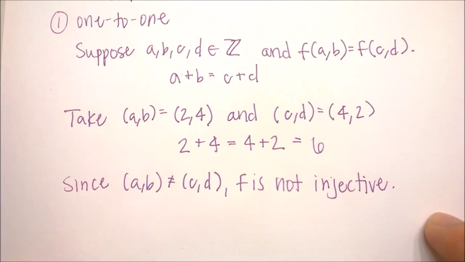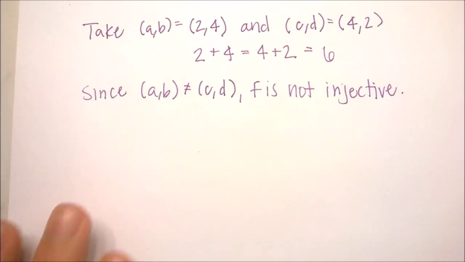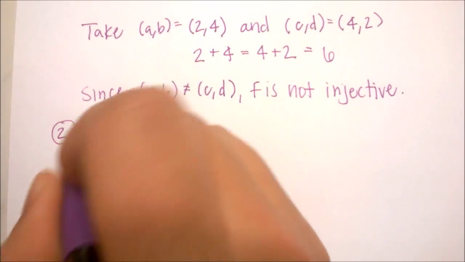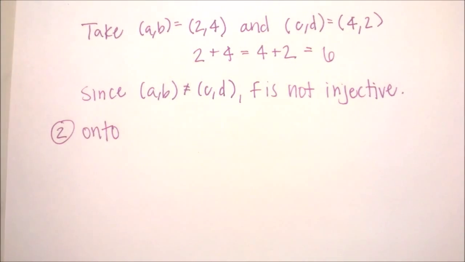Okay, so now let's look and see if f is onto. So the way you're going to find if something is onto is you're going to want to pick an arbitrary element in our codomain. So we're going to pick something arbitrary that will be an output and show that something in our domain maps to it.